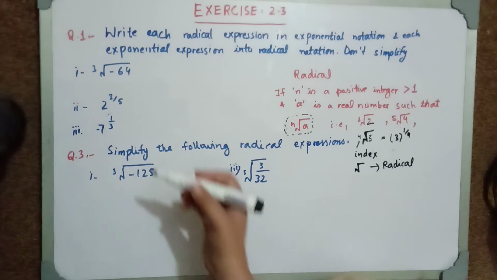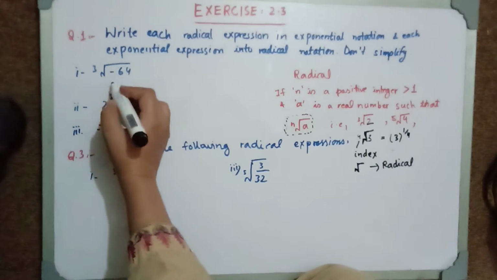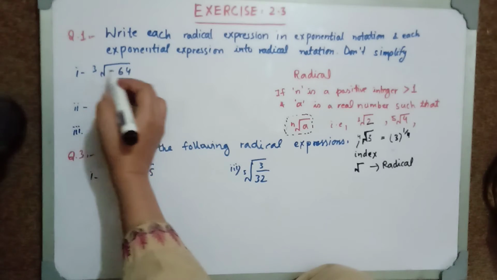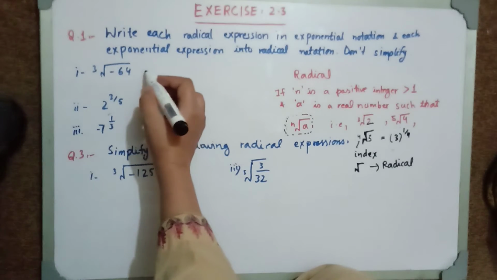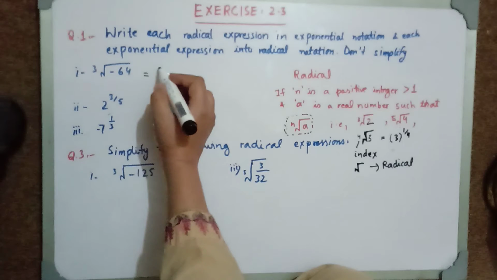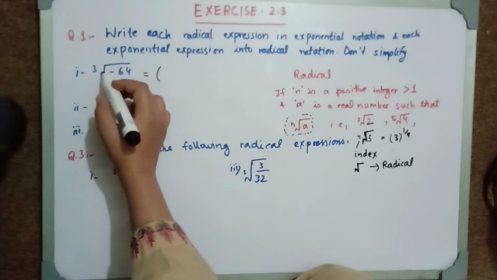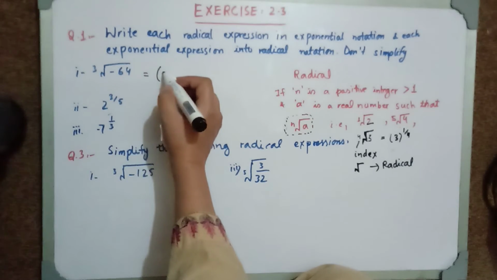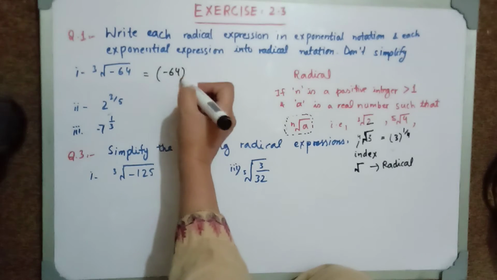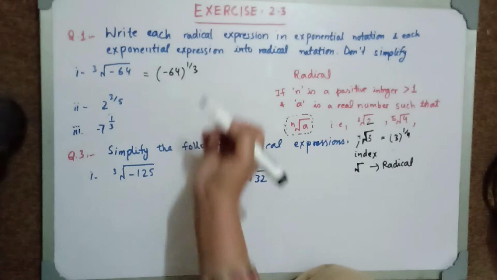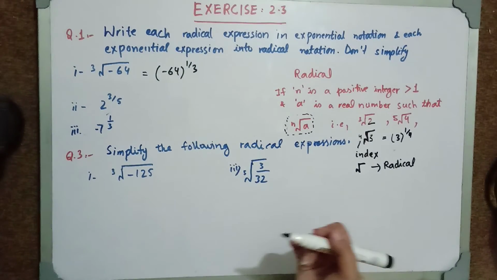So let's start with part 1, in which we have radical minus 64 and the index is 3. So we know that in exponential form, the exponent will be 1 over 3, and that's it. Because they've asked you not to simplify, the simplification is not required, so you won't simplify it.